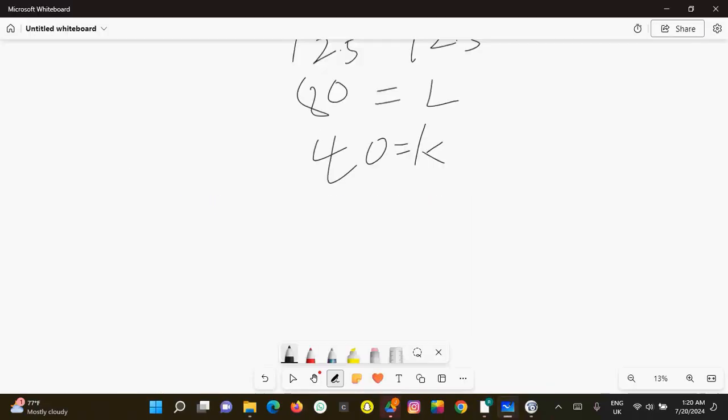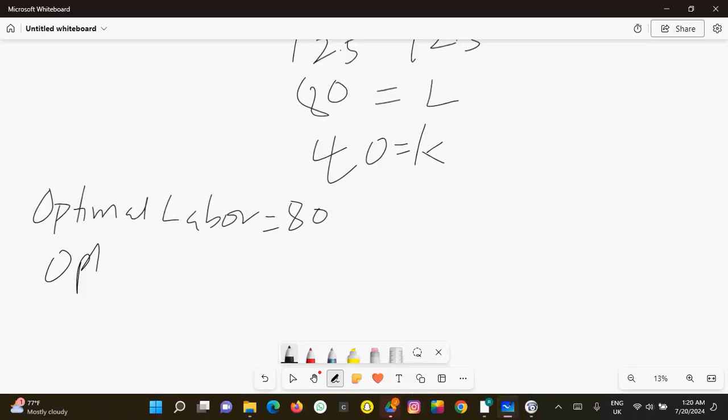The optimal labor is 80 and the optimal capital is 40.